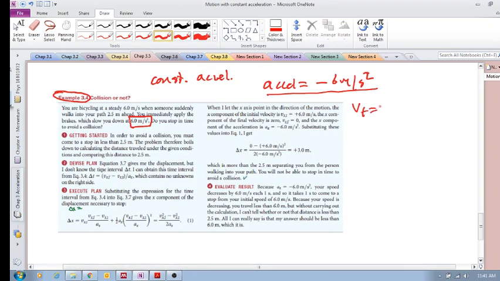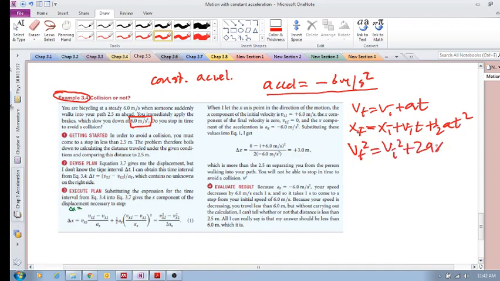V final is V initial plus AT, X final equals X initial plus V initial time plus half AT squared. And I can also use V final squared equals V initial squared plus 2AX.